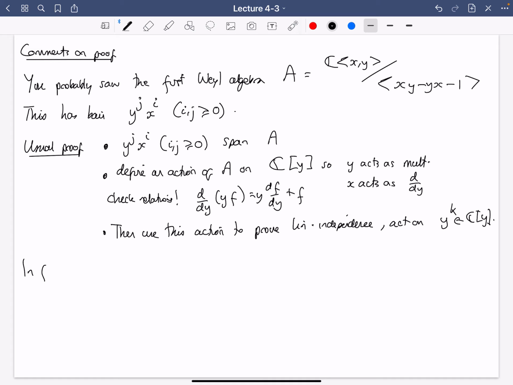In fact, the first Weyl algebra A is what's called a filtered deformation of the polynomial algebra, so the free commutative algebra on two generators.